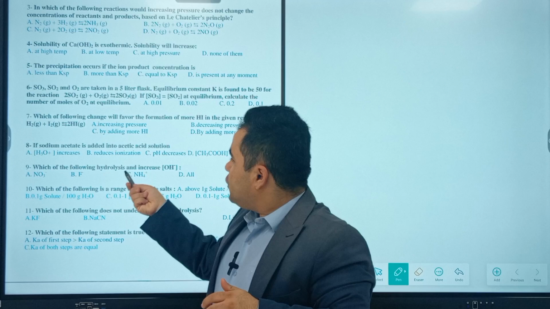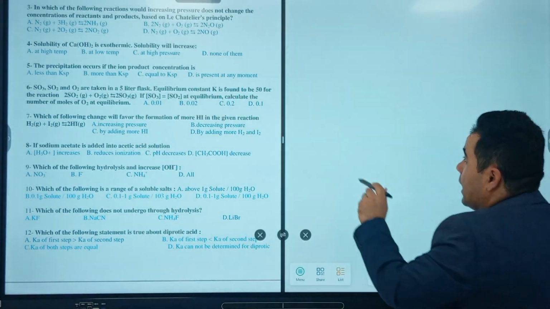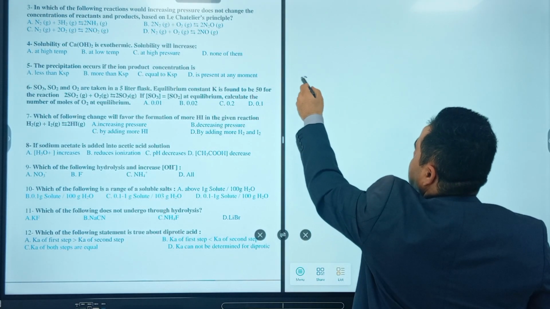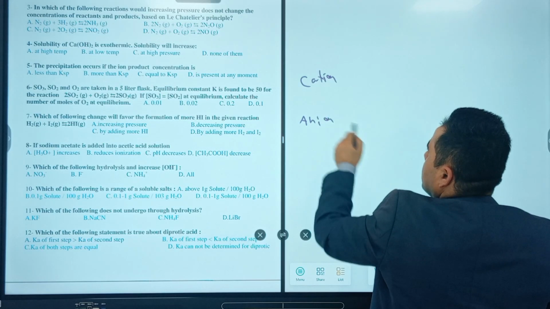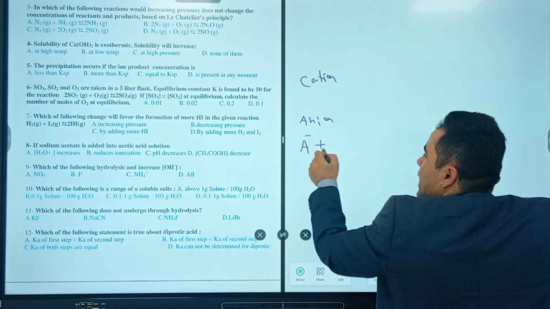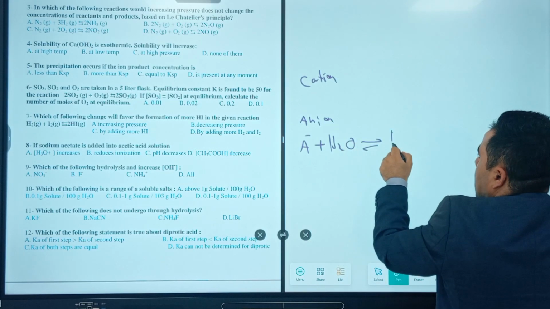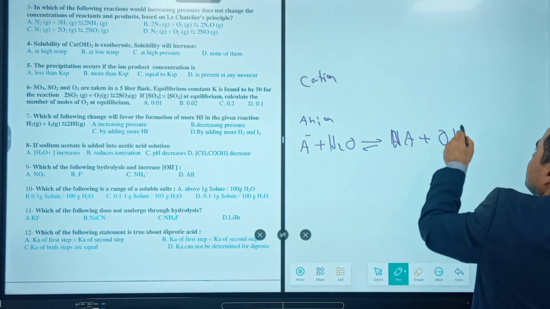Which of the following undergoes hydrolysis and increases hydroxide? We have two types of hydrolysis, cation and anion. The anion, like A negative plus H2O, will produce HA plus hydroxide.